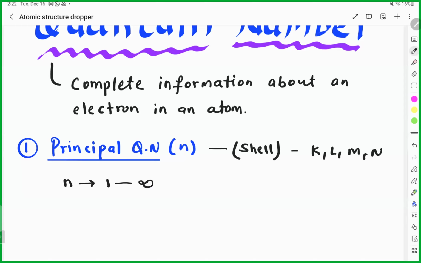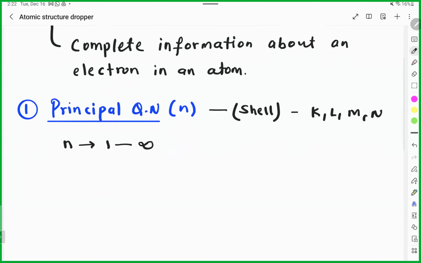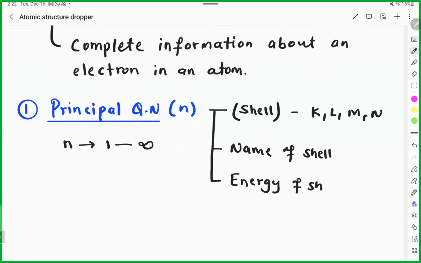When we talk about the principal quantum number, it explains the name of the shell. If n value is 1, then K; you get an idea of the name of the shell: K, L, M, N. Second, energy. Based on the name of the shell, you can tell the energy of the shell.